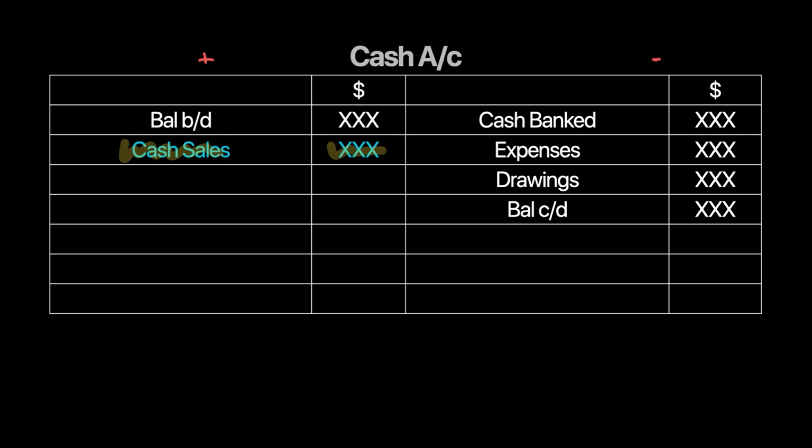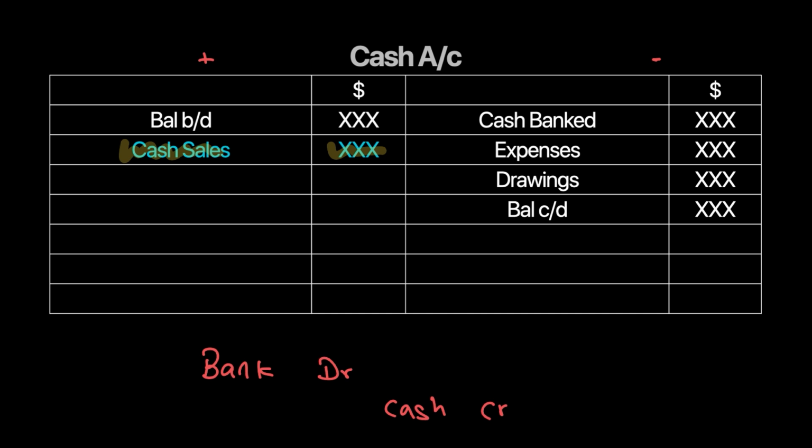Okay, now what will businesses do? Businesses usually receive cash sales and they will bank a certain amount in the bank account. So what will happen is this figure shows that some of the cash has been banked. So just to explain this better, I can say that they will deposit this money in the bank. So my bank account should be debit since bank increases, but my cash account should be credit because cash decreases.